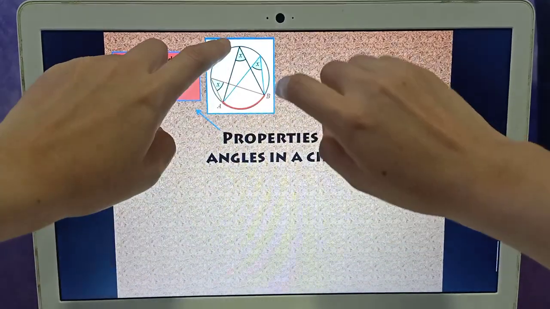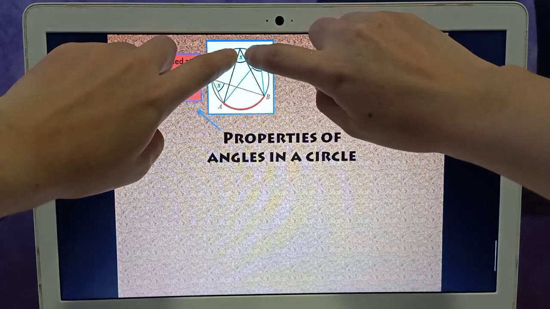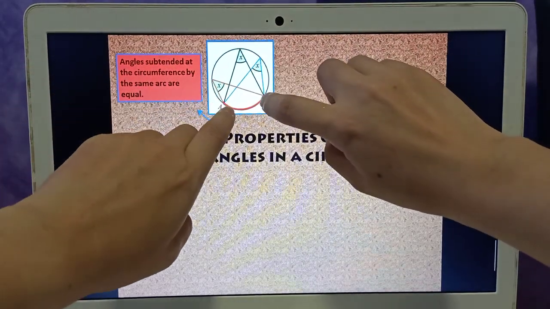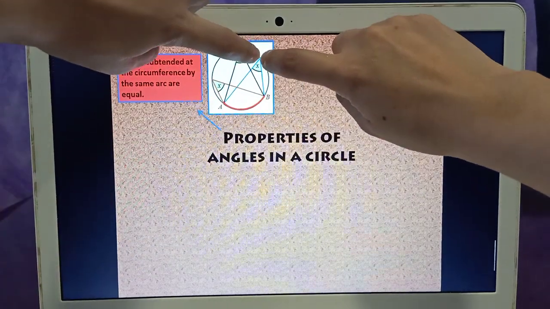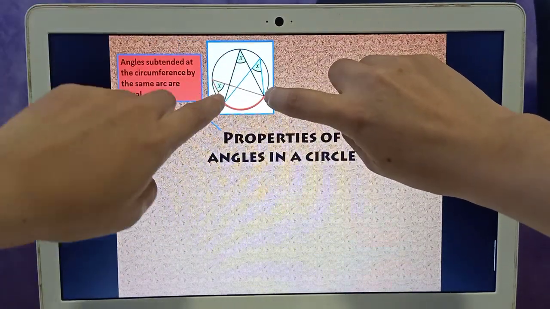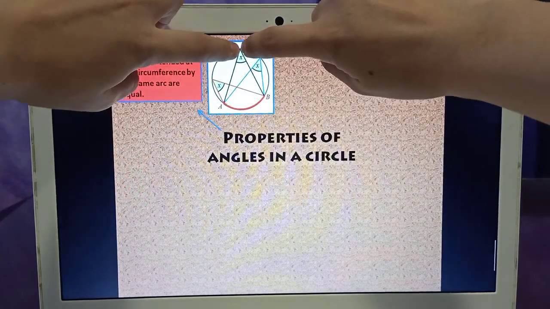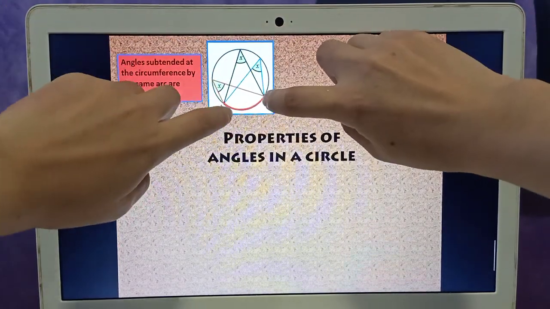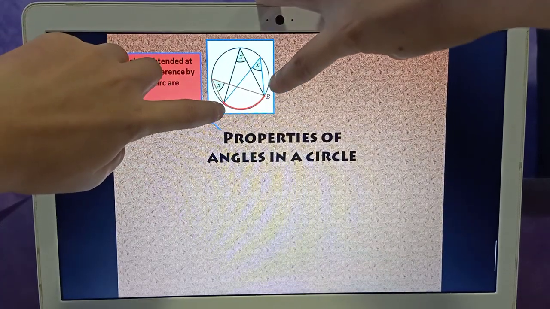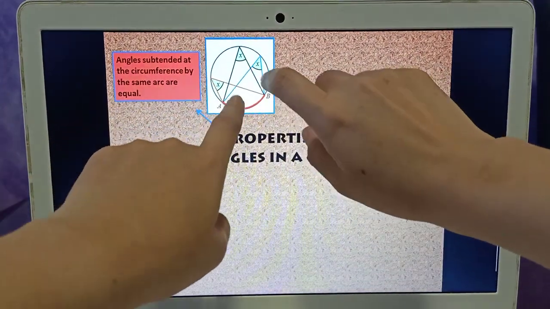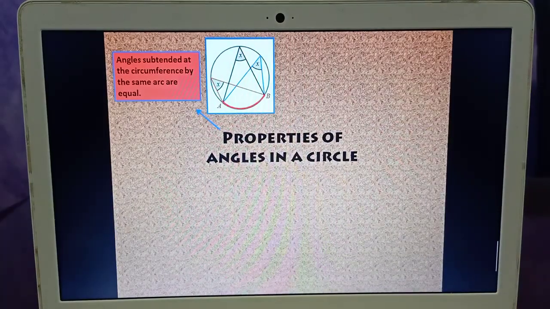Why? Because it is also drawn by two chords and subtended by the same arc AB, like just now. You see the blue one, it is subtended by arc AB. The black one is also subtended by arc AB. And the orange one is also subtended by arc AB. That's why their values are equal.